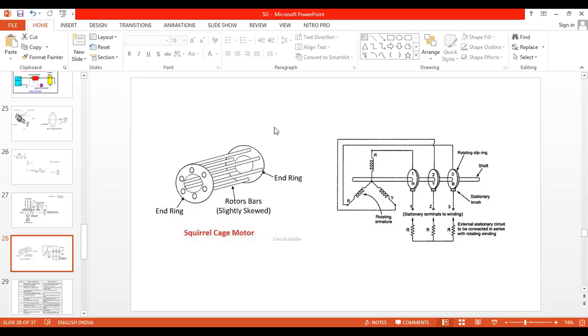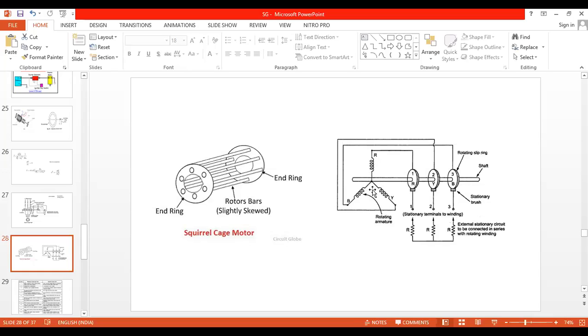The induction motor rotor is squirrel cage, which you have studied in the working principle. Squirrel cage means all the conductors are connected to each other. Another type of rotor is slip ring or wound rotor. The slip ring rotor contains a star connected winding.